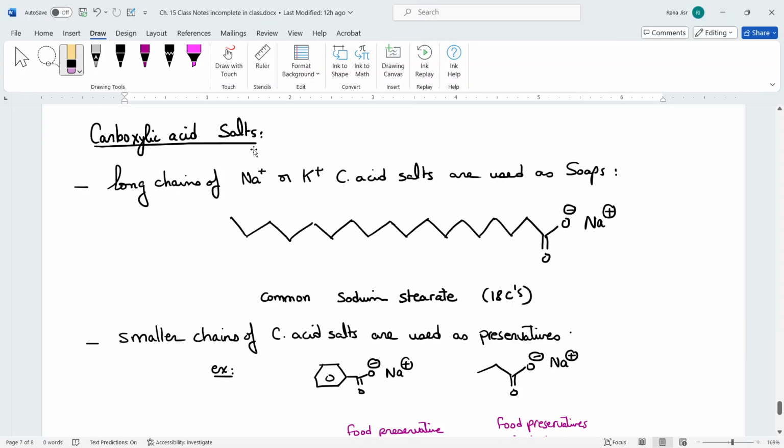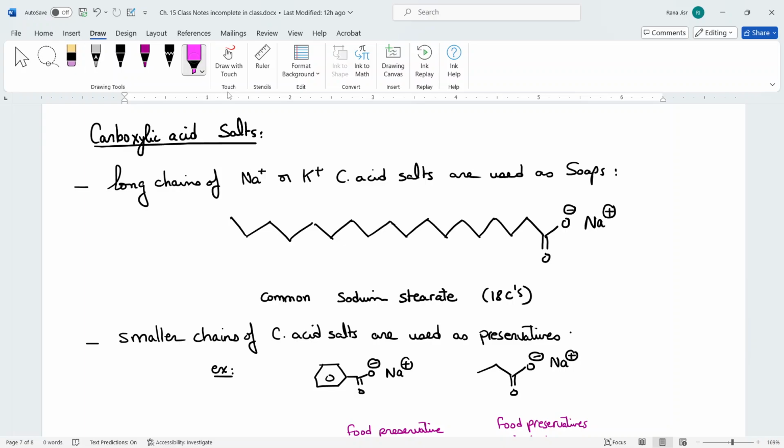For carboxylic acid salts that can be used as soap, to be a soap molecule, you need to have a very long alkyl chain. And that alkyl chain has to be more than 12 carbons. So with more than 12 carbons, we can consider the molecule to be a soap molecule in there.